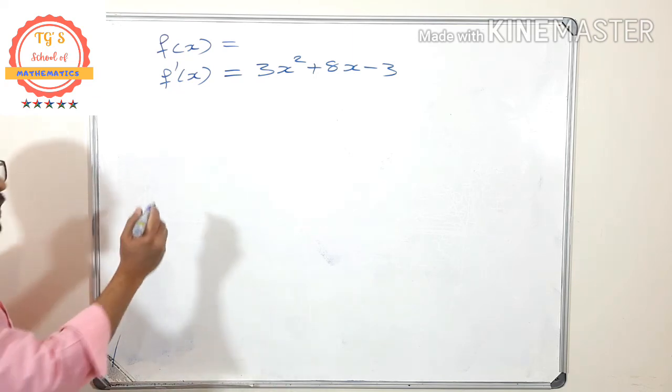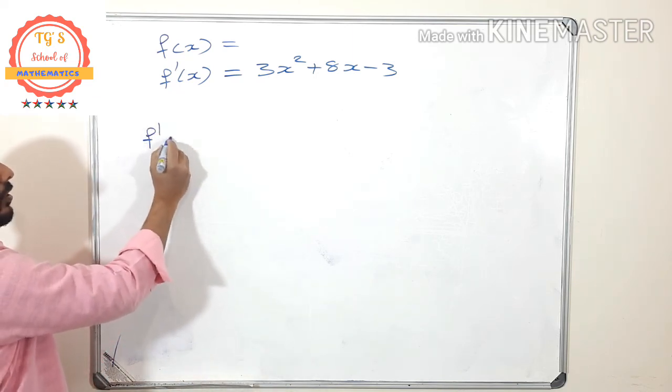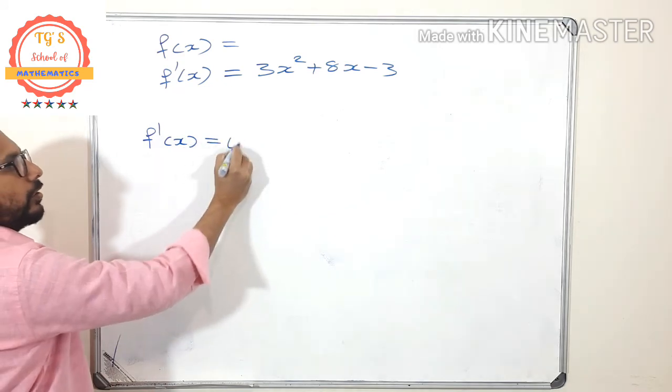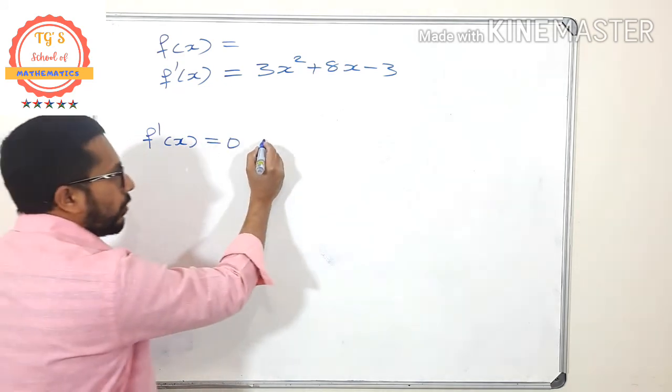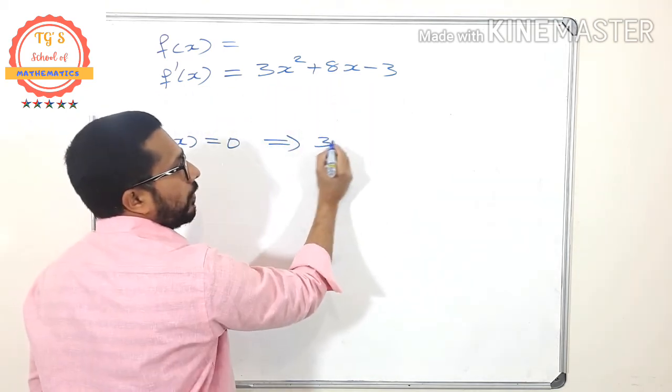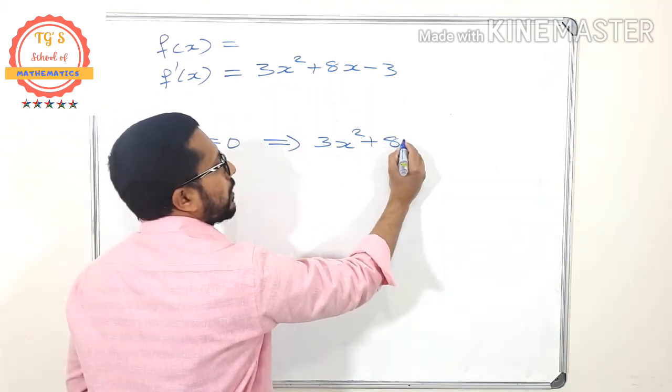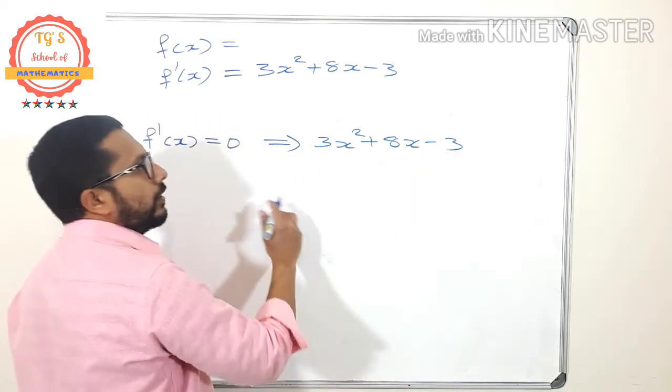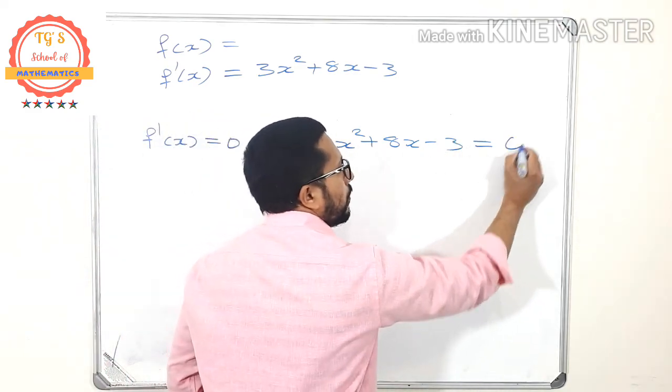So at stationary points, what is the first derivative? The first derivative is equal to 0. In our question, the first derivative is 3x squared plus 8x minus 3, and that is equal to 0.